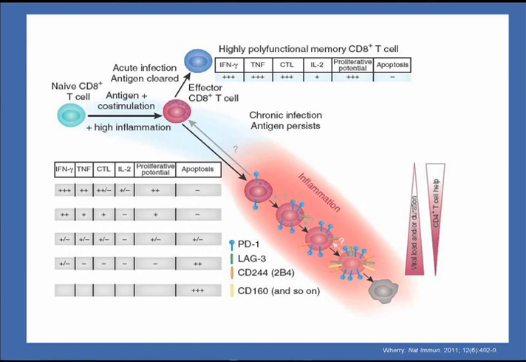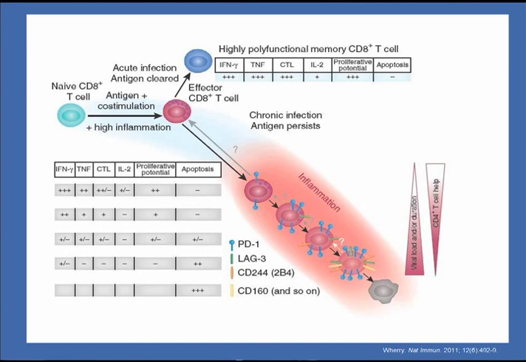Shown here in this diagram is what happens over time with a chronic infection. That's shown in the diagonal set of cells labeled inflammation. At the top is what happens when you have a short-term infection, an acute infection, where you have the effectors generated. They produce lots of interferon and they're cytotoxic and they can proliferate and they don't apoptose.